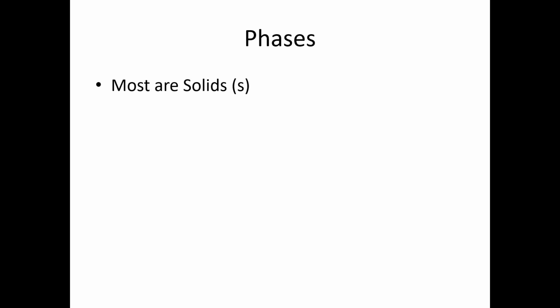So the first phase we're going to talk about is solids, because most of the elements out there are solids. In fact, most of the elements on the periodic table are actually metals, and most metals are solids at standard temperature and pressure. There are a few exceptions, and we're going to get to those.